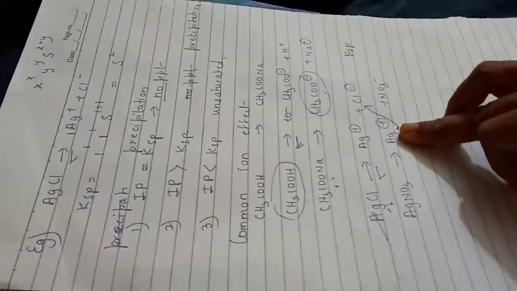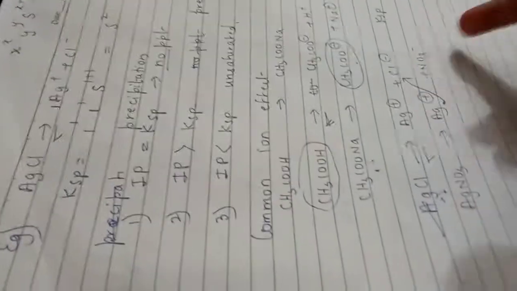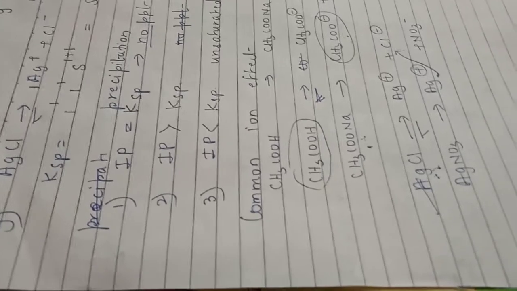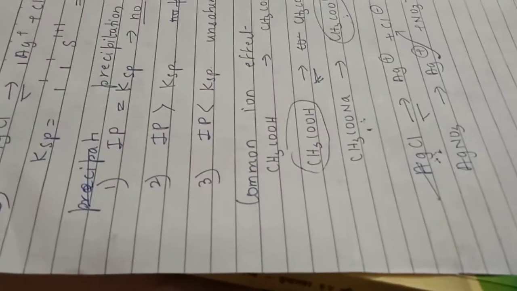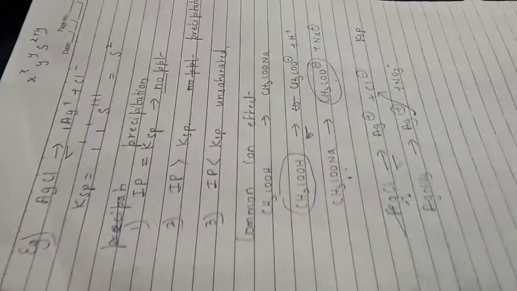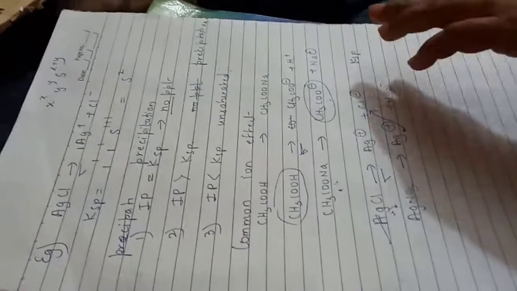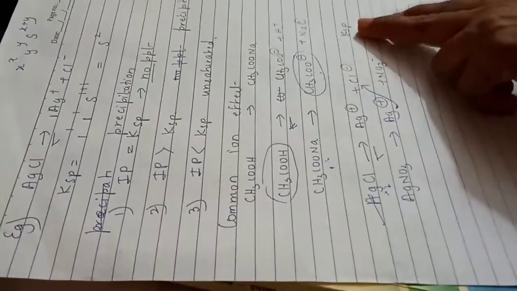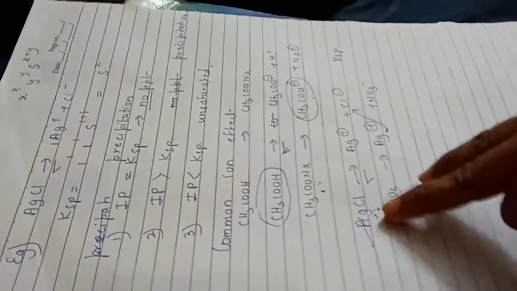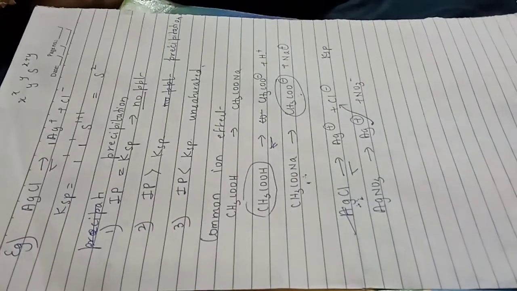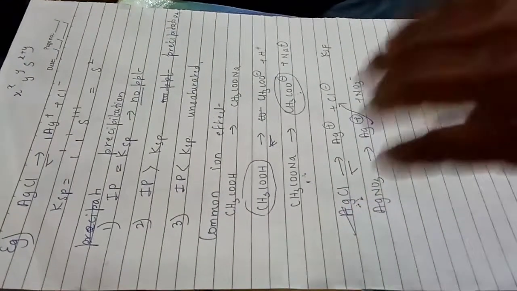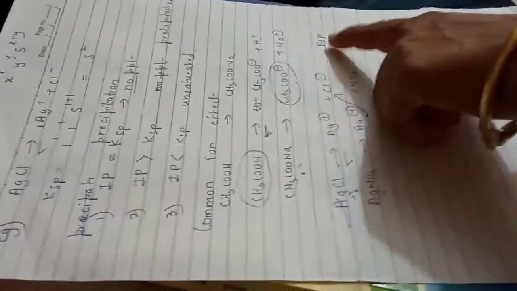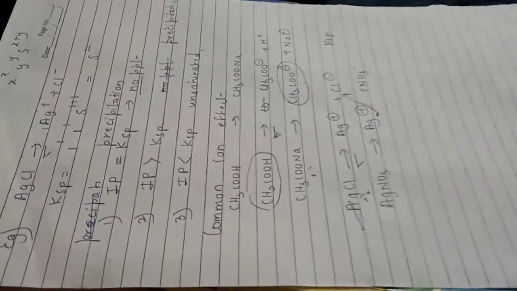Silver ions of silver nitrate combine with chloride to give back the unionized AgCl. The process continues till equilibrium is established, without disturbing the KSP, but the quantity of undissociated AgCl goes on increasing. That means the concentration of AgCl keeps increasing, and KSP remains undisturbed. That's it, students. Are you okay?